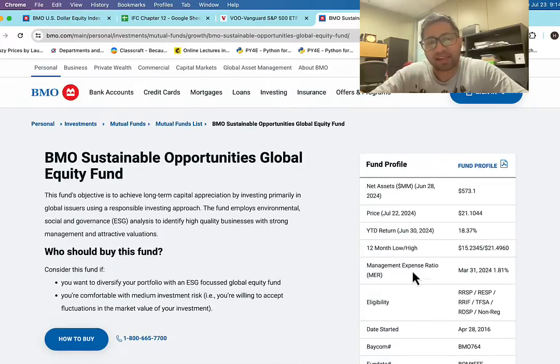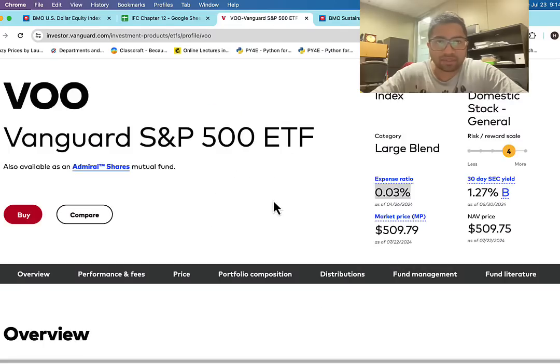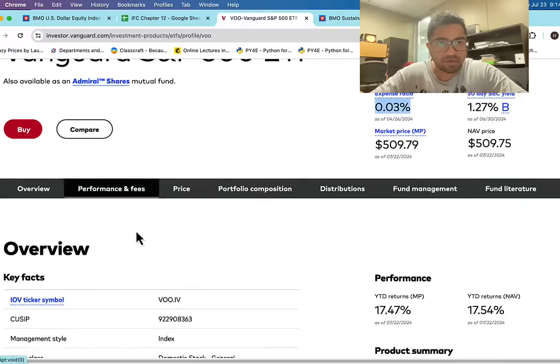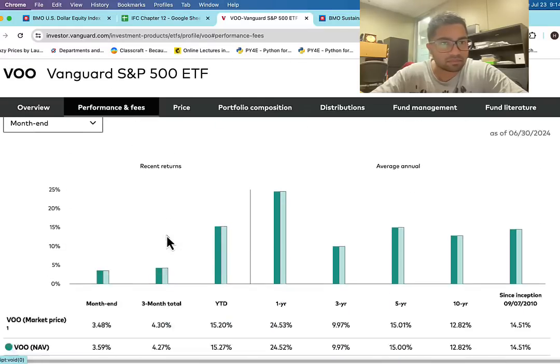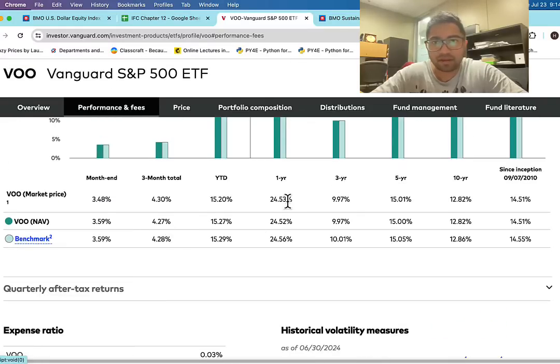Personally, I just put my money in an index ETF, lower MERs, right? Better returns. For example, if we were looking at Vanguard, which is an index ETF, if you see performance, okay, 15 years, 15% returns on average, since inception 14.51%, way higher than even an ESG fund, with very low cost.